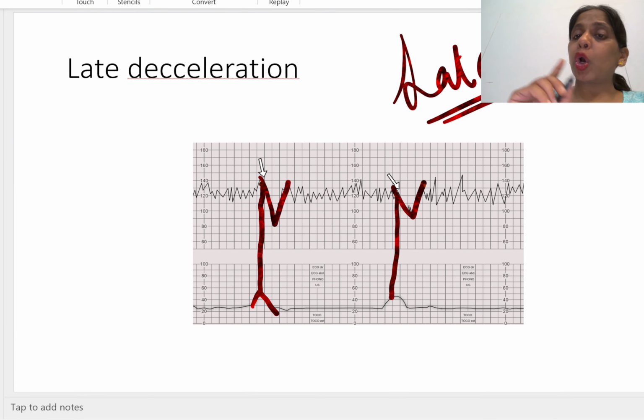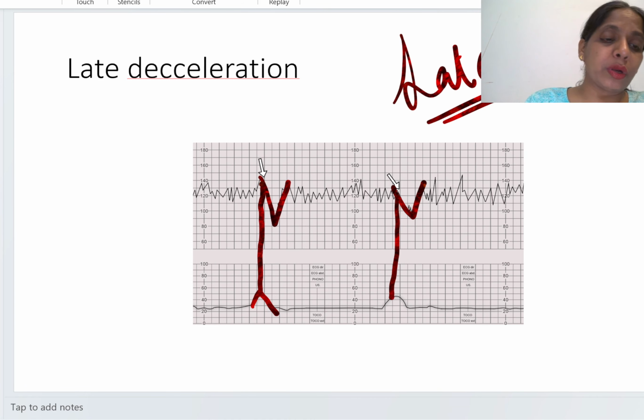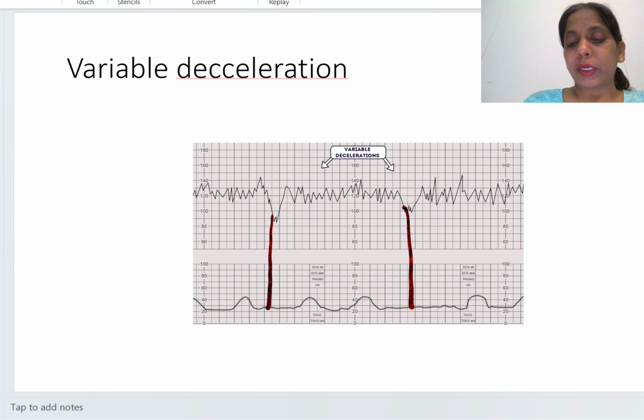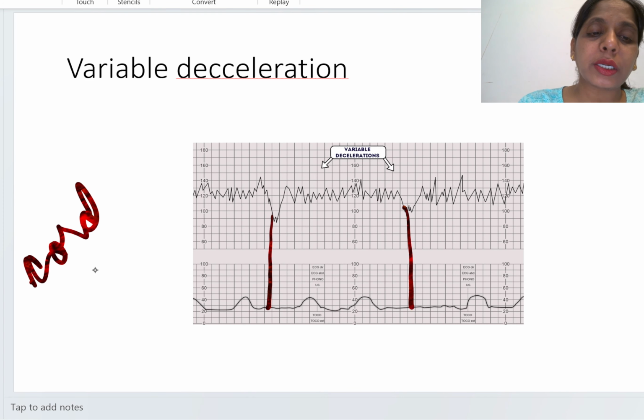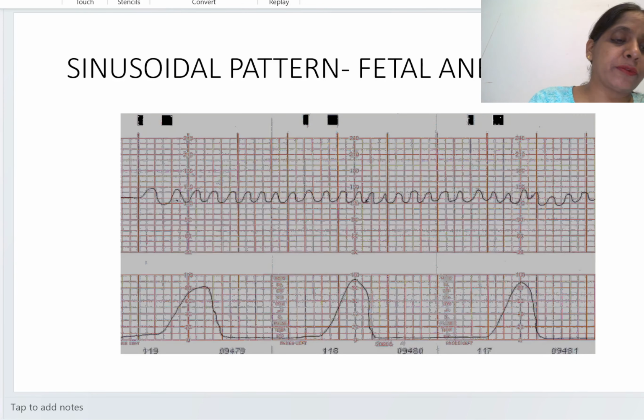The one with coinciding peaks was the early deceleration. The one which has no relation is the variable deceleration. See, it is coming when there is no contraction. So this is a case of cord compression. You can write this on the NST if you know.